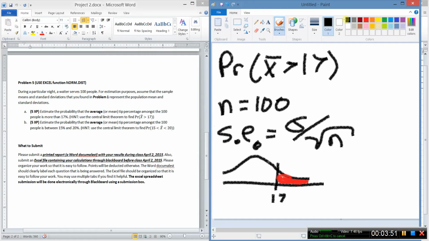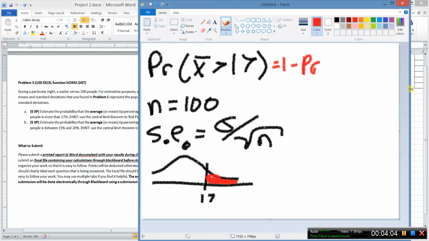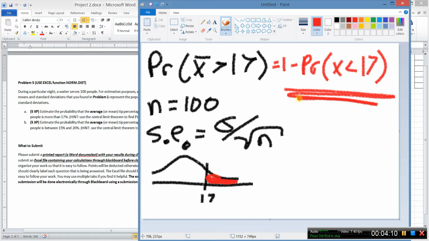So we're going to need to use the complement: this equals 1 minus the probability that x bar is less than 17. We'll plug this into Excel, and we'll be able to get the probability that the mean is going to be more than 17.